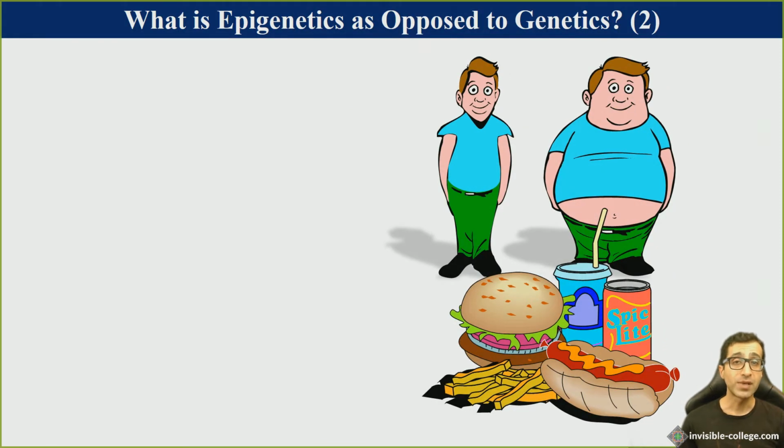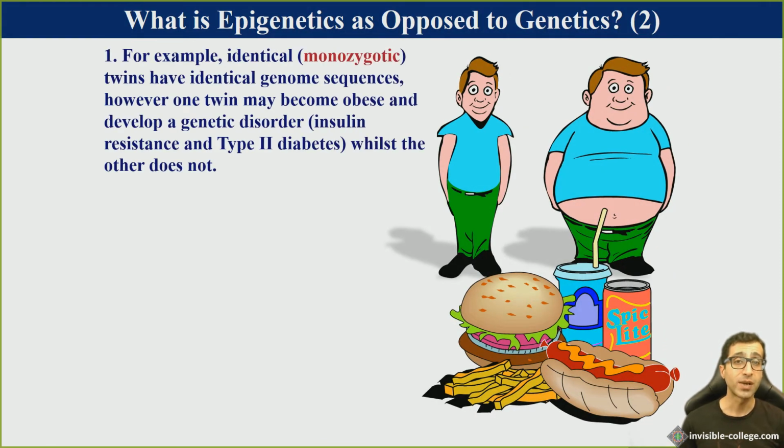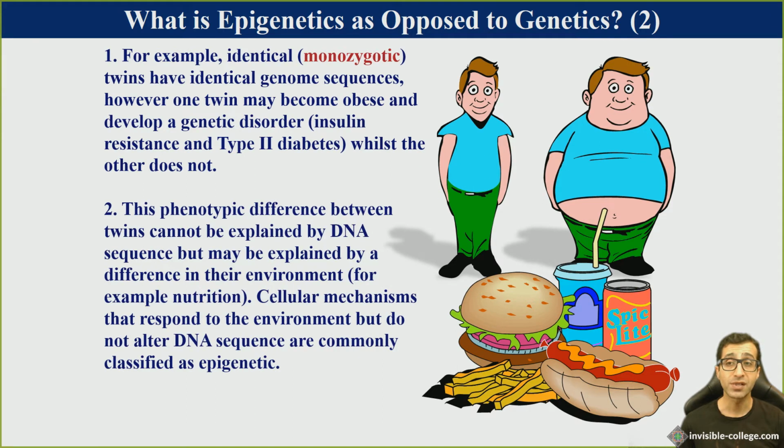For example, if we take identical monozygotic twins, these will have identical genomes, but one twin may become obese and develop insulin resistance and type 2 diabetes, whereas the other will not. This phenotypic difference cannot be explained by differences in their DNA sequence, because they have the same DNA, but it might be explained by a difference in their environment, in this case nutrition.